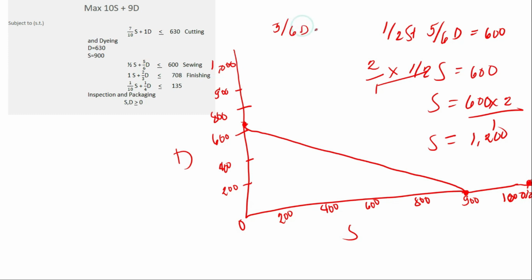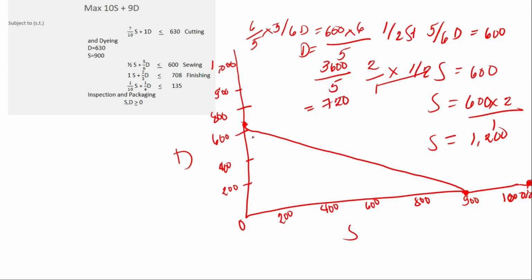Okay, let's transpose again. Then let's get the value for D. D is equal to 600 times 6 over 5. So 600 times 6 is equal to 3,600. 3,600 divided by 5 is equal to 720.